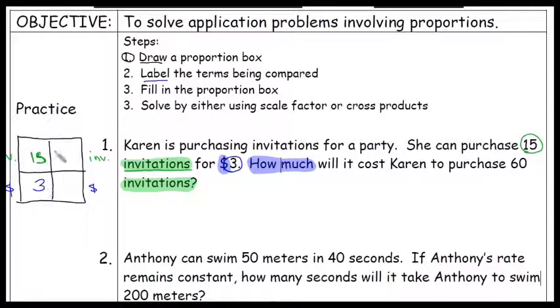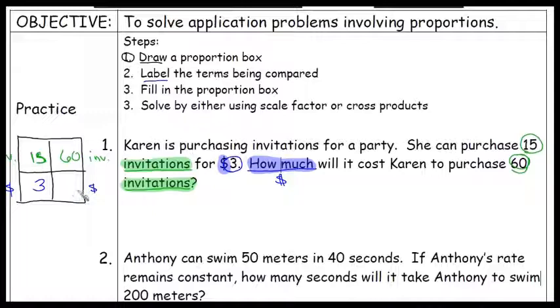On the other side, the other information that we know is we have 60 invitations. Because we have the invitations on the top of the left side, we're also going to have invitations on the top on the right side. So I'm going to put the 60 right here. And then it says how much. How much is talking about money, right? So we're going to have to fill in the amount of money we want.